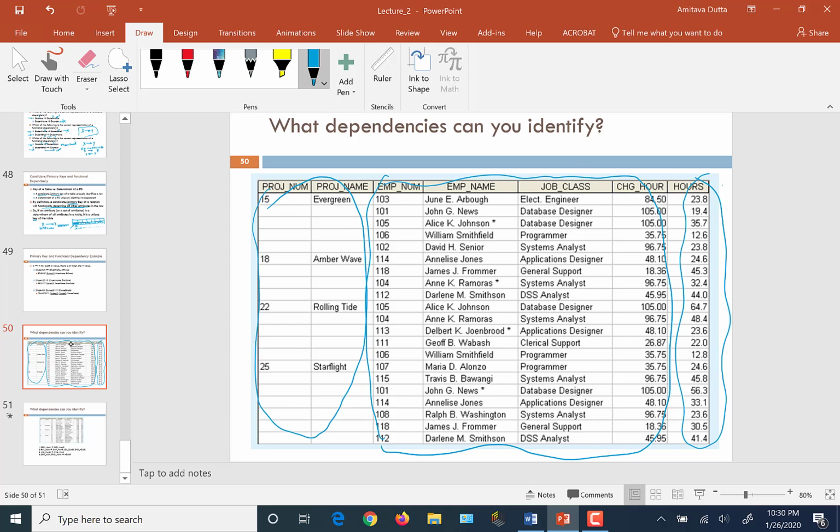If I look at 23.8, that first value, what that means is employee June Arbo has worked for 23.8 hours on project 15. So there is a third theme floating around in this table, and that has to do with hours worked.